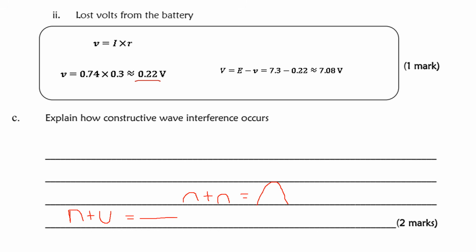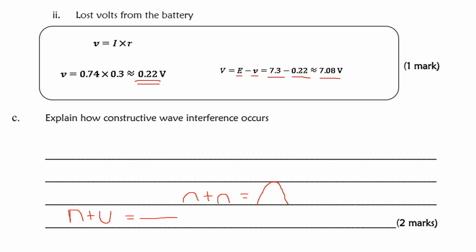So the effective voltage is E minus lost volts. We said lost volts is this one here, 0.22. Subtract it from the EMF and it will give us 7.08 volts. This one is the voltage dropped at the external resistor.